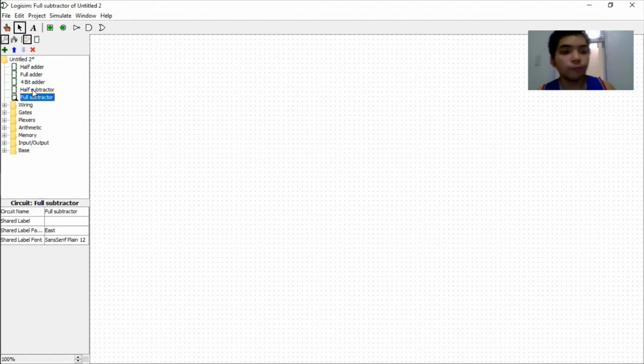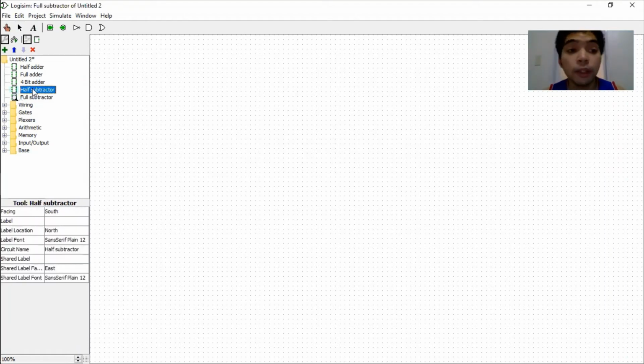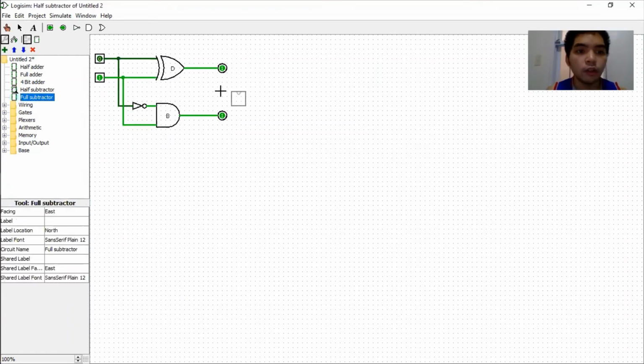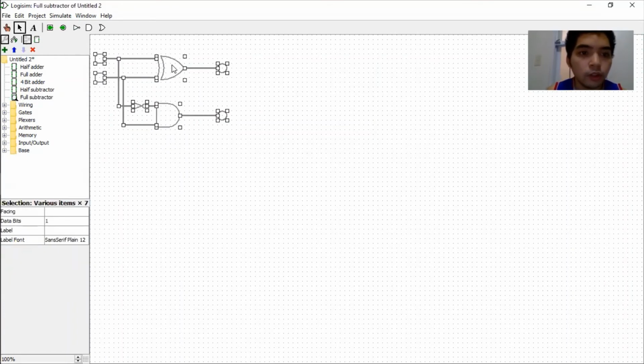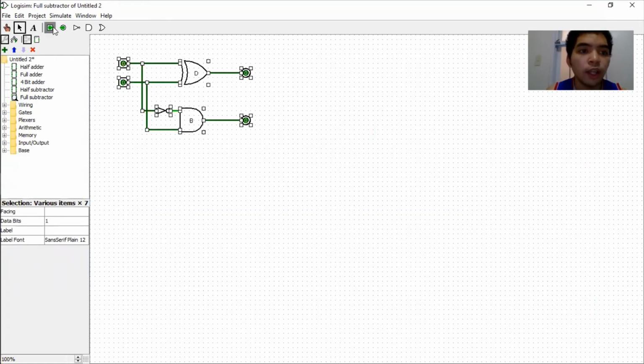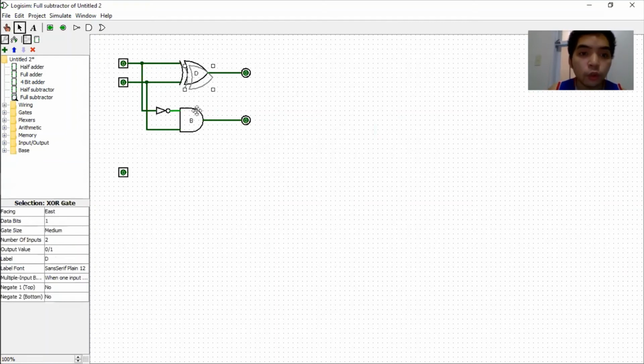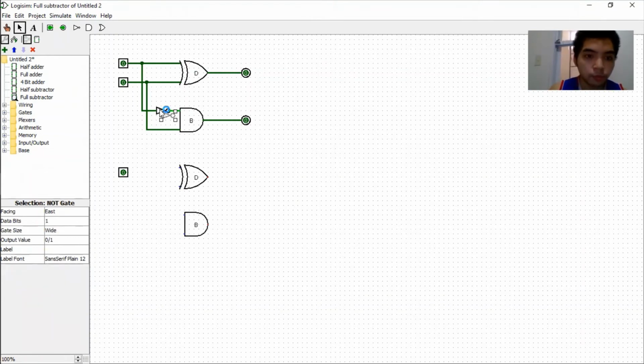For the full subtractor, it's just a combination of two half subtractors. So we add another input for the borrow. Duplicate this. So this is the borrow input. Okay.